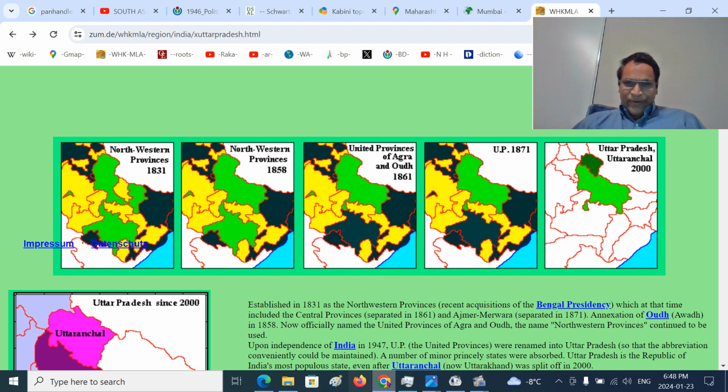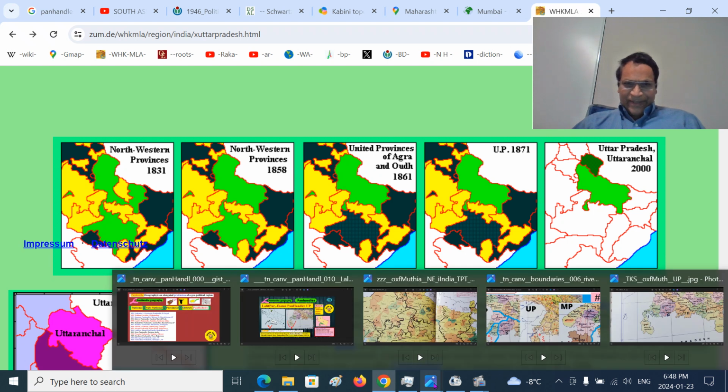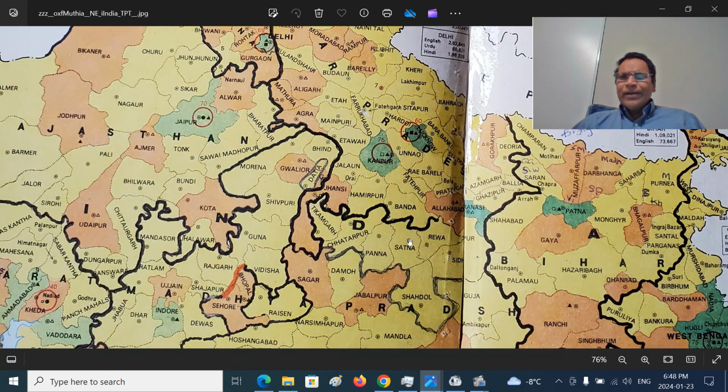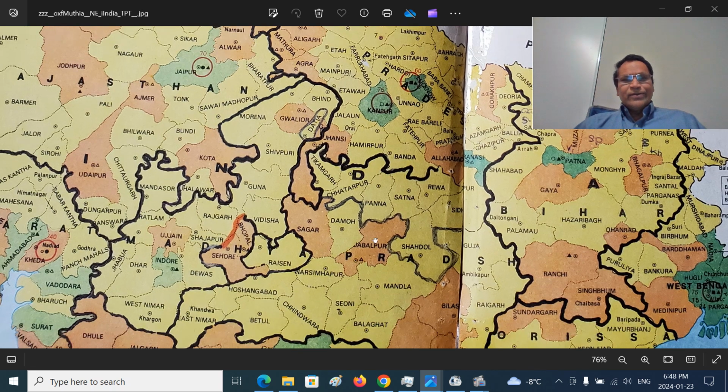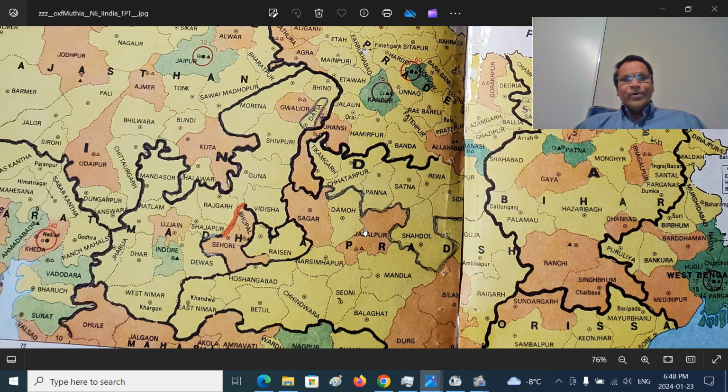So what we are talking about essentially is, when we look at this region, the Panhandle, the native rule, the Mughal rule, and the war between the British and Marathas, they conquered and annexed a lot of this region called Northwestern Provinces. Thereafter, after the Sepoy Mutiny, they broke this entire region into Central Provinces and Berar, that is Jabalpur, Nagpur region.